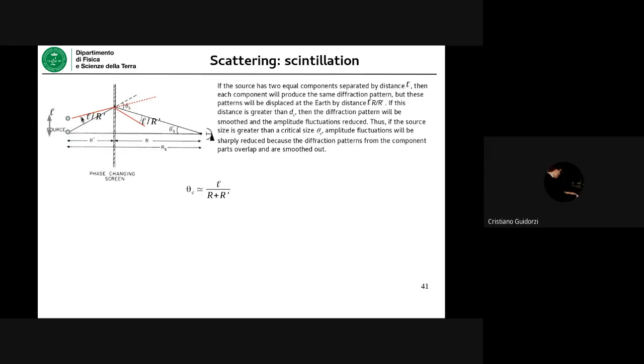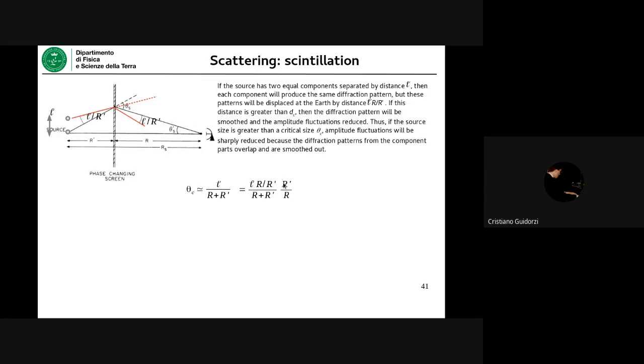Let's work out this critical size. The angular size of the source is the size of the source over the distance between source and observer. Again, we are talking about small angles. So L over the total distance, R plus R prime. I call this the critical angular size of the source. When is the critical condition satisfied?